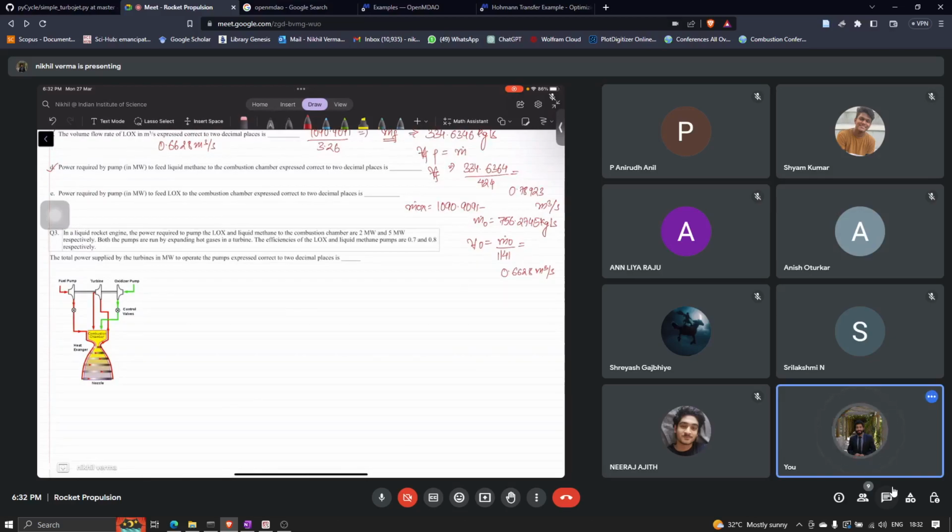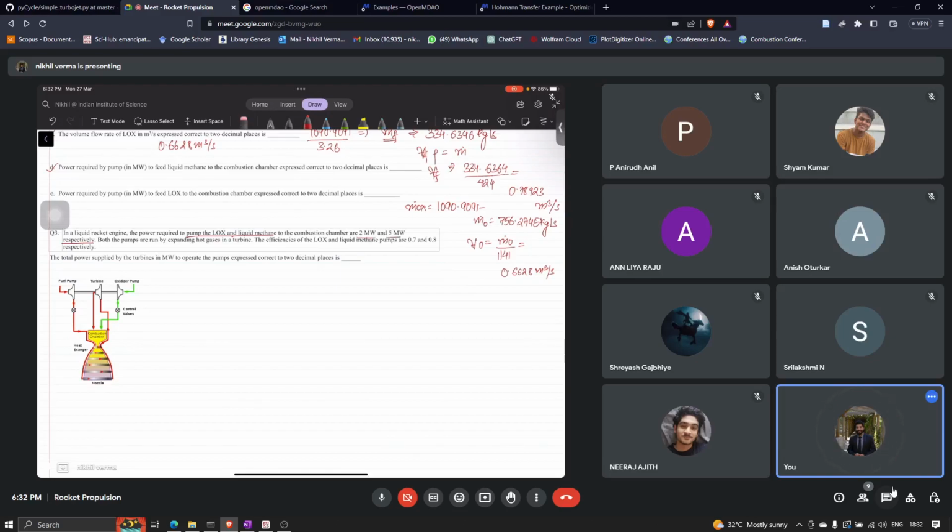We have a liquid rocket engine, and the pump power required to pump the LOX, liquid oxygen, and liquid methane pumps are 2 megawatt and 5 megawatt respectively.